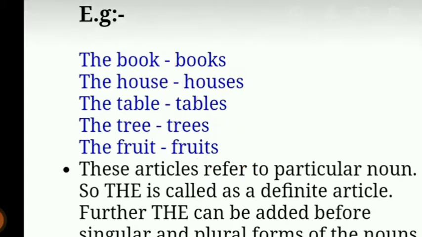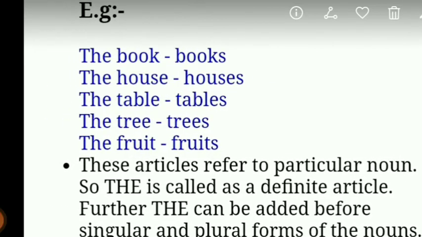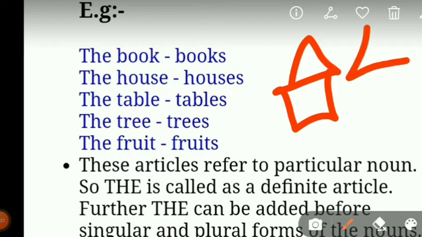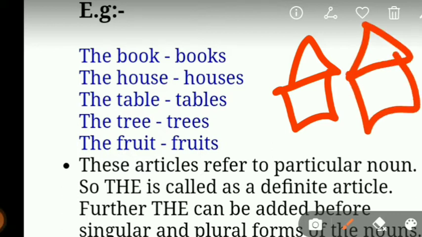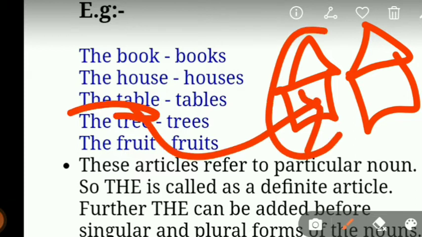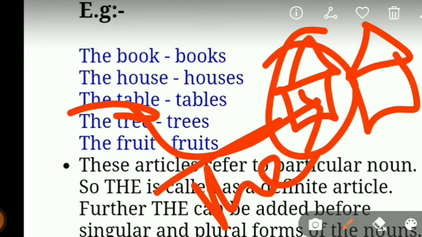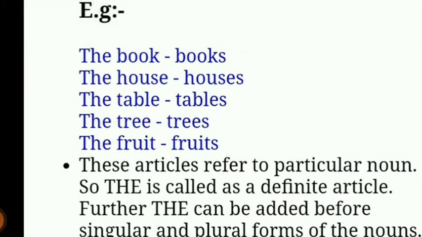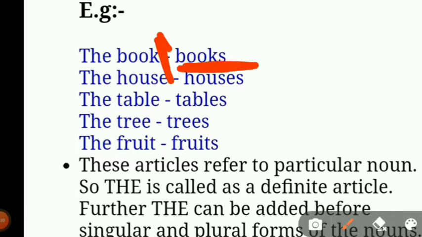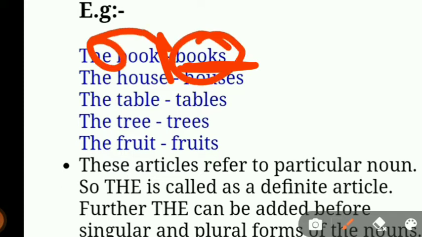Likewise, so many houses are there, but we are talking about only one house, so we use the before it. Don't use a with plural nouns like books; here we are talking about only one book, therefore we use the.